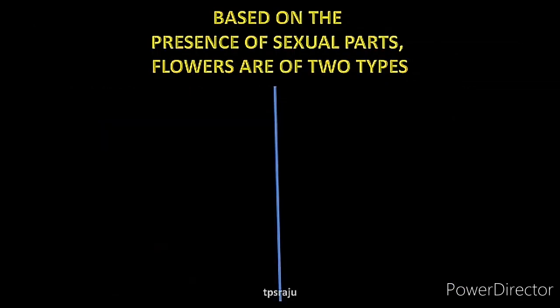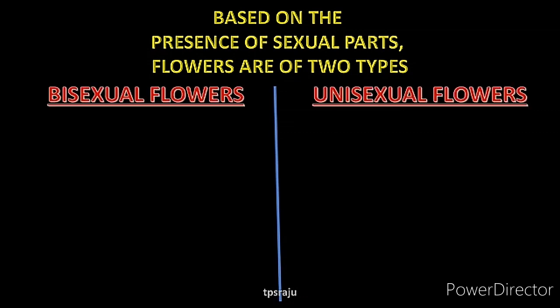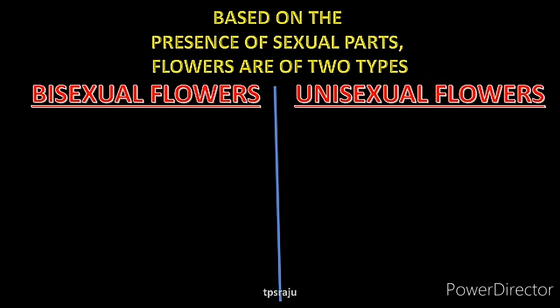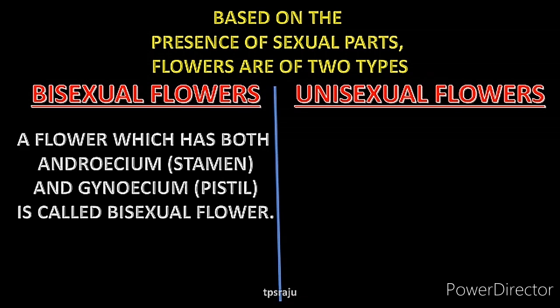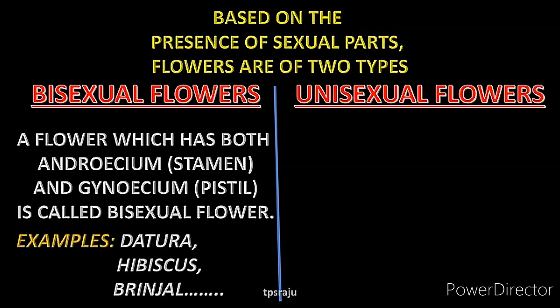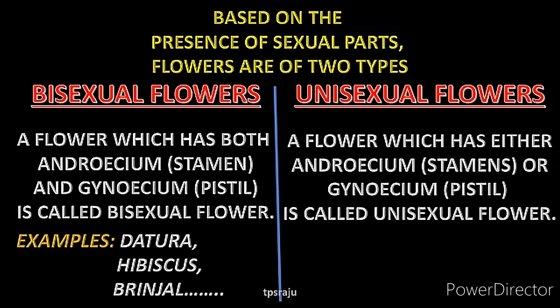Based on the presence of sexual parts, flowers are of two types: bisexual flowers and unisexual flowers. A flower which has both androecium and gynoecium is called a bisexual flower. Example: datura, hibiscus and brinjal. And a flower which has either androecium or gynoecium is called a unisexual flower.